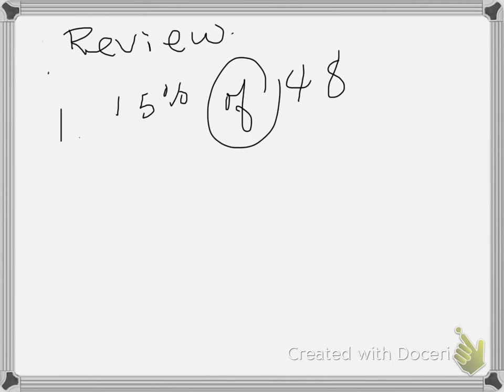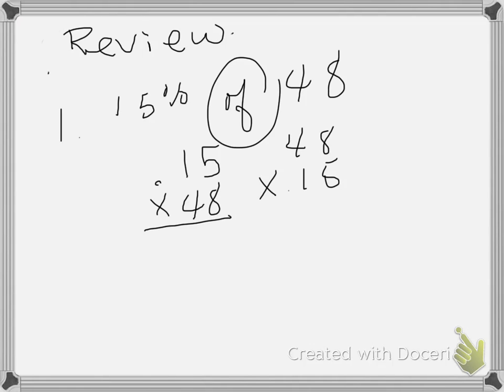Whenever you see the word of, you multiply. So you can go 0.15 times 48, or you could write 48 times 0.15. It really doesn't matter. Okay? So if you multiply that out, I'll give y'all a minute to multiply it, what do you get?